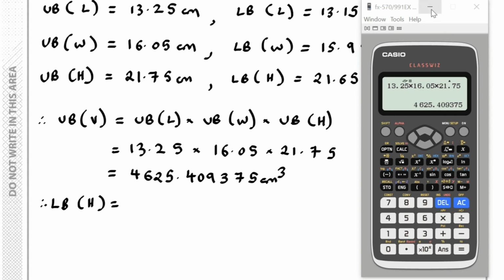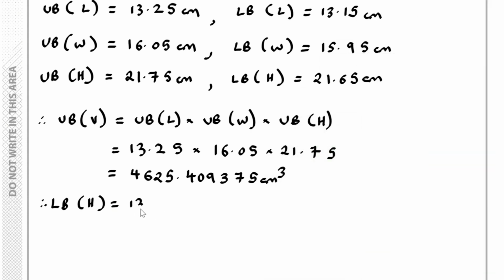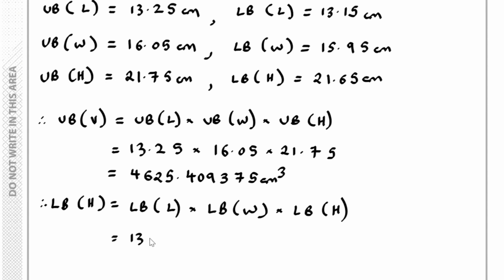And for the lower bound of the volume, let's just write this out in full. I've got the lower bound of the length times the lower bound of the width times by the lower bound of the height. So I've got 13.15 times 15.95 times by 21.65.